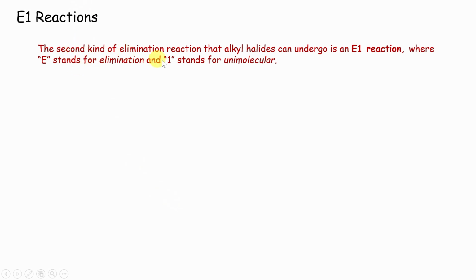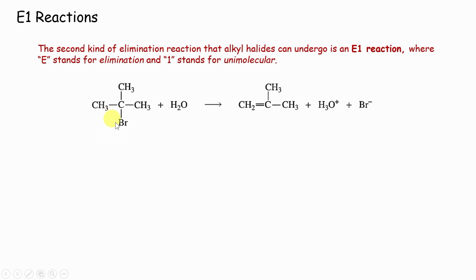The second kind of elimination reaction that alkyl halides can undergo is an E1 reaction, where E stands for elimination and 1 stands for unimolecular. See, for example, this 2-bromo 2-methyl propane, a tertiary alkyl halide, on treating with water, which acts as a solvent, forms the alkene 2-methyl propene.